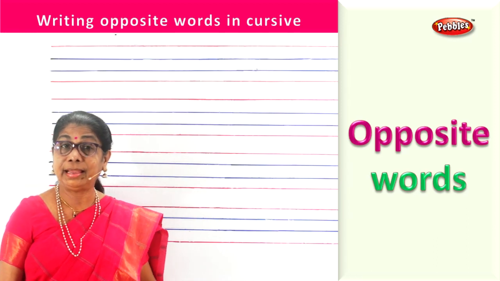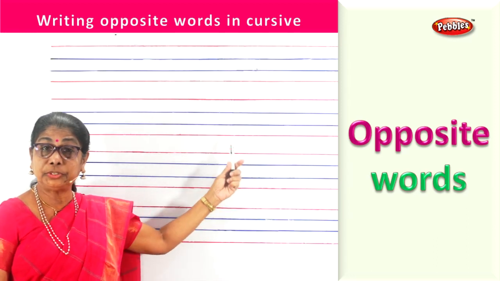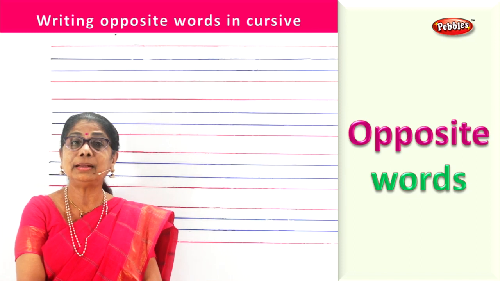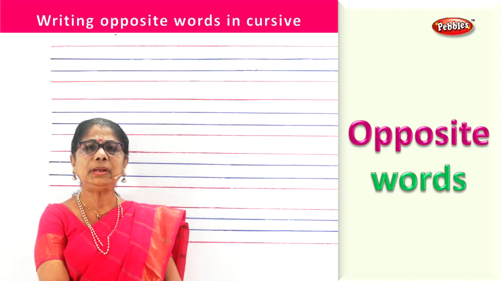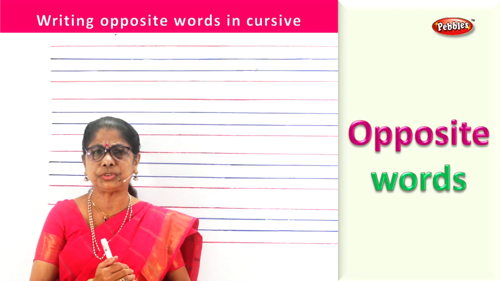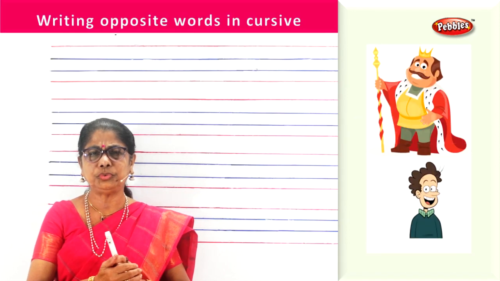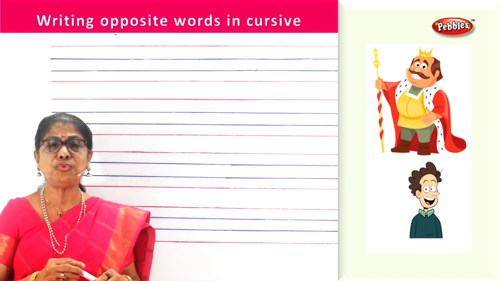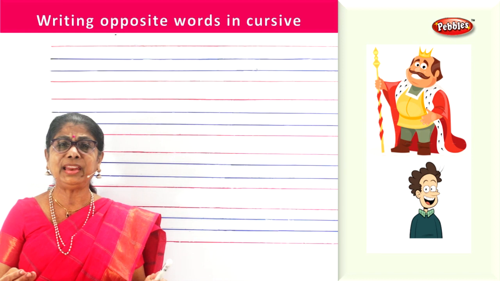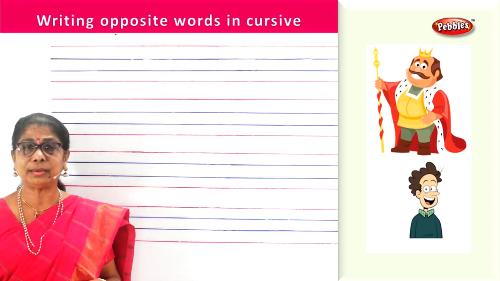Let us take another set of opposites to practice our cursive writing. People who live in tiny houses, single room houses. A big family lives in a small room and they get very little money when they work.